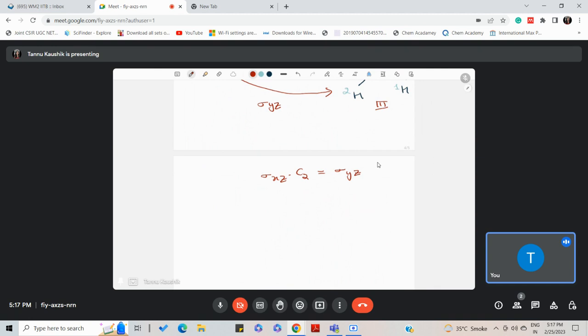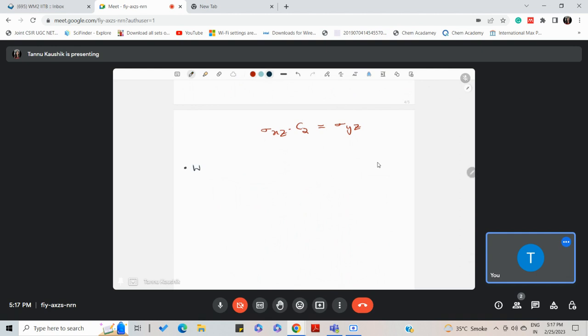So all the operations in this point group follow the product of two elements, which we have taken, sigma xz, sigma yz, and C2, and they fall into the same group only. And with the help of this tool, we can create a group multiplication table.